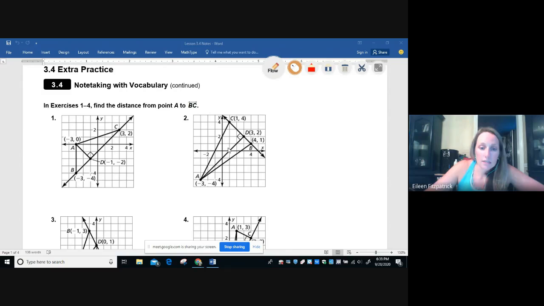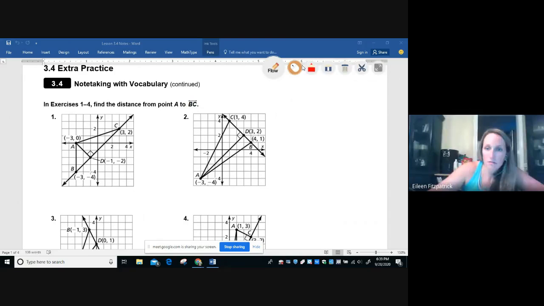How do we find the distance from line BC to point A? Do we want to use segment AC to calculate distance, segment AD, or segment AB? We want to use segment AD. You want to use that perpendicular segment. So you're going to find the distance.